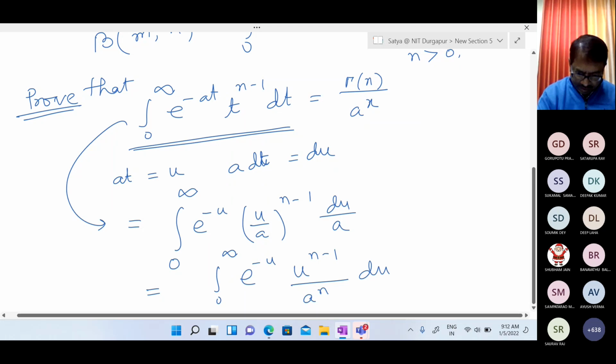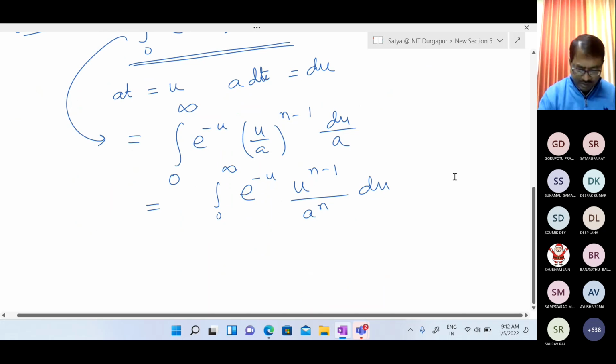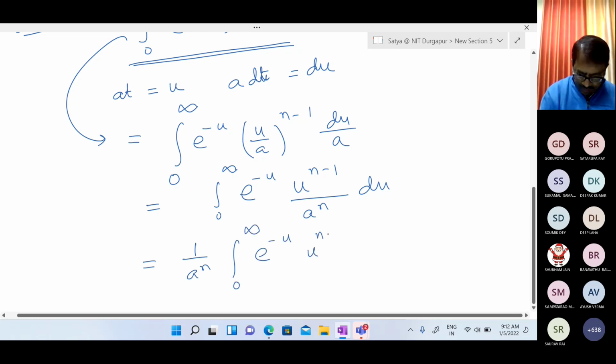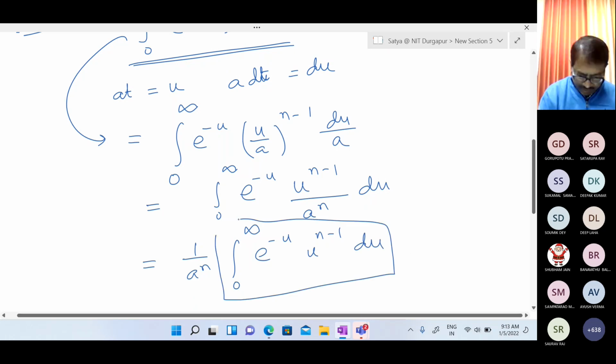So it is actually not x, it is n. I have written it wrong. Now, since a is a constant, we can take a to the power n outside the integration over 0 to infinity of e to the power minus u, u to the power n minus 1 du. And you follow, this portion is converted as a definition.